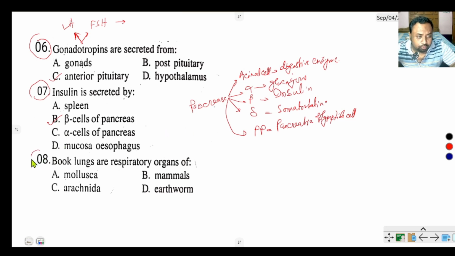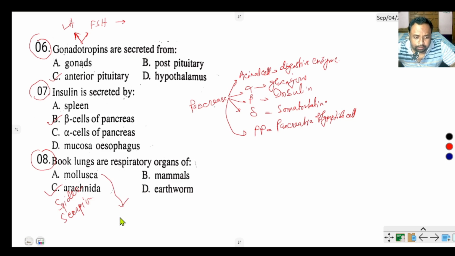Next question, book lungs are the respiratory organs of different animals like those of Arachnida, like spider, scorpion, etc. Okay. Another option is Mollusca.